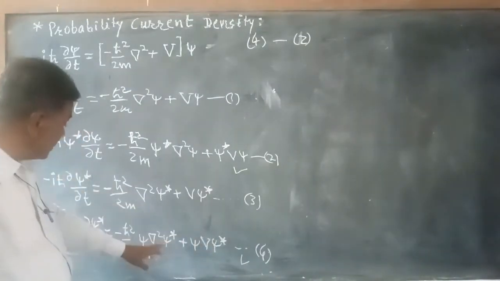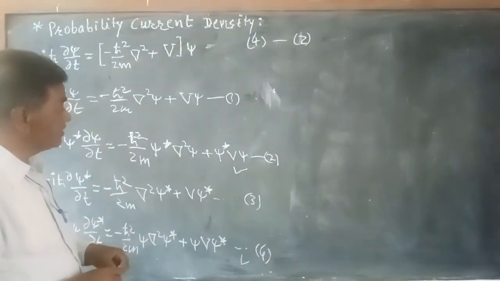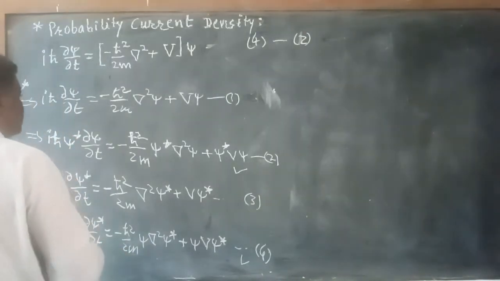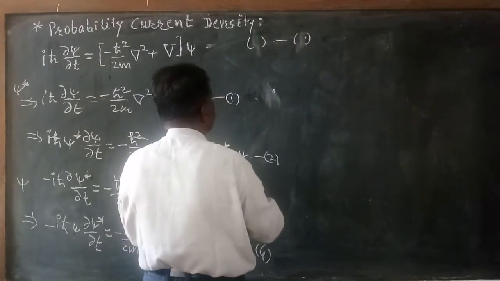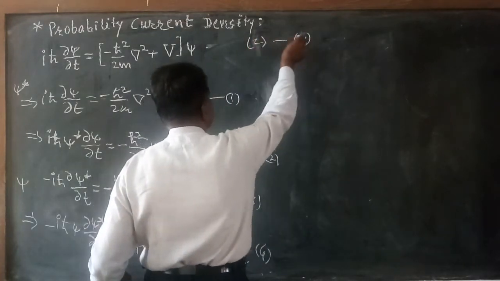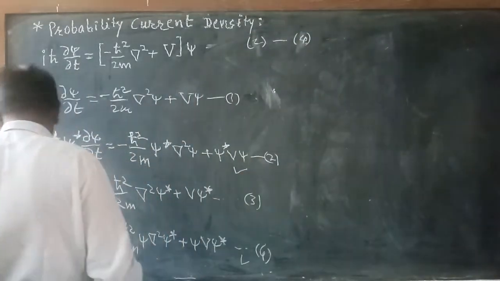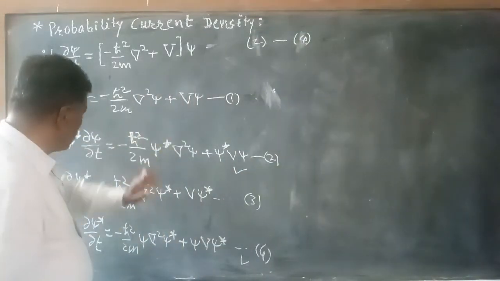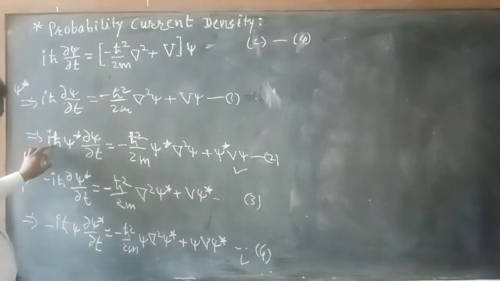So subtracting equation 4 from equation 2, we are getting, here is nothing but 2, here is nothing but 4, like this we are getting. In equation 2, you have to observe here, i h cut psi star delta psi by delta t as it is, and i h cut here is nothing but common factor.